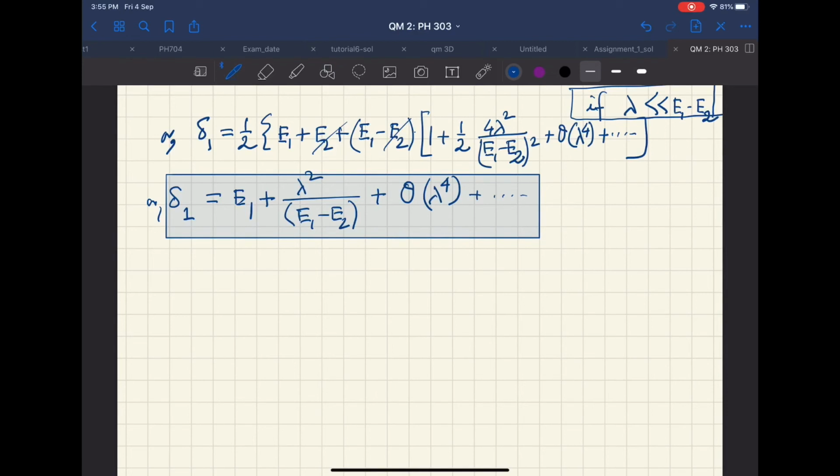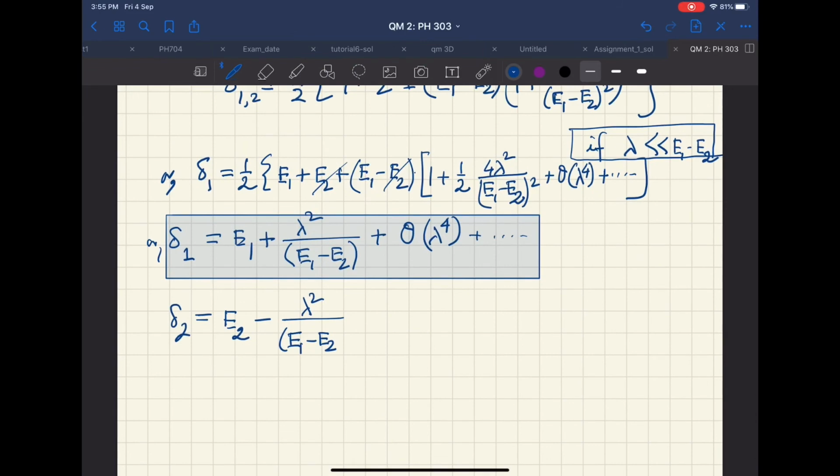Now, similarly, if you calculate delta 2, this will come out to be e2 minus lambda square by e1 minus e2. Actually, I did a wrong thing. I did not notice that this is a product.